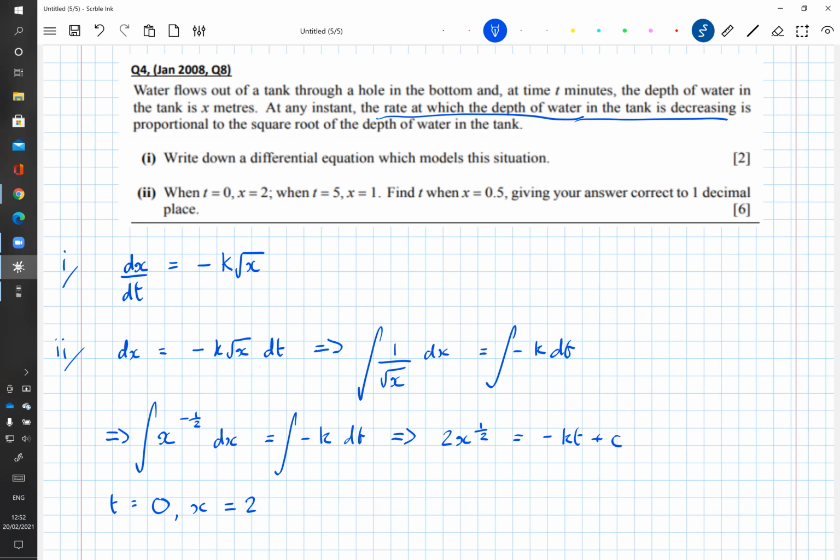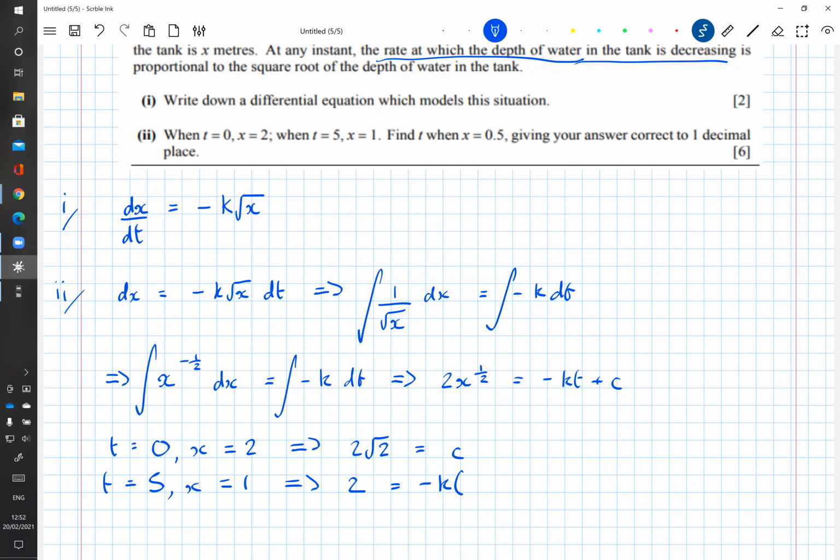2 lots of root 1 equals minus k times 5 plus c, which we know is 2 root 2 now.